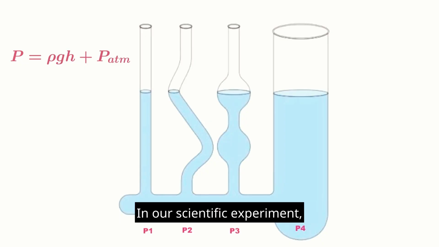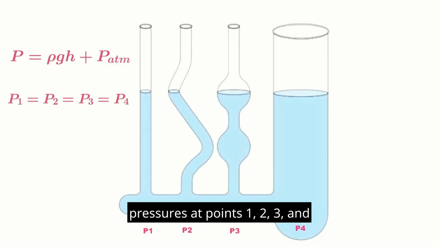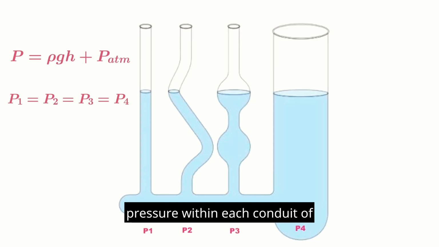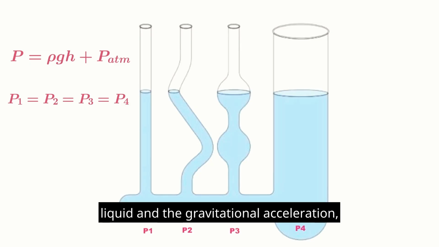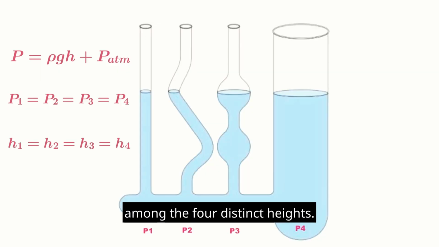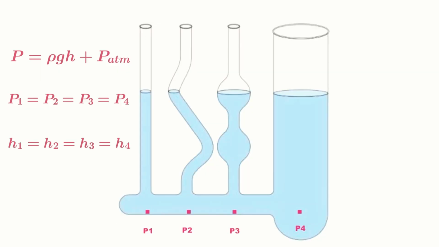In our scientific experiment, we are capable of equating the pressures at points 1, 2, 3, and 4 by observing that the atmospheric pressure within each conduit of the system remains consistently aligned with the density of the liquid and the gravitational acceleration. We derive the equality relationship among the 4 distinct heights.